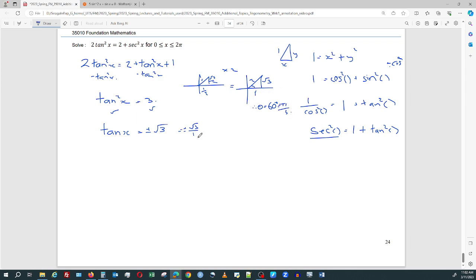Now, it's just a question of adding up the plus or minuses. So when is tan positive? So tan positive is here, plus y, so that theta will be in it, therefore x is equal to pi on 3. So that's one solution.